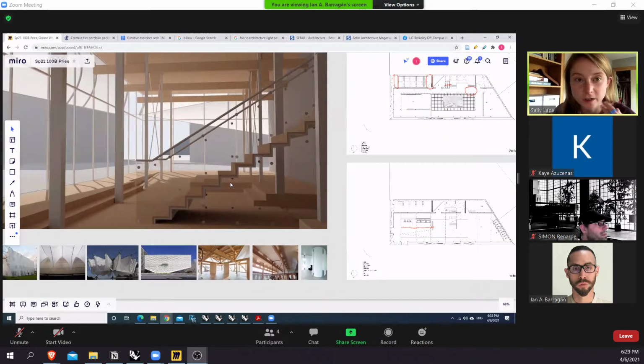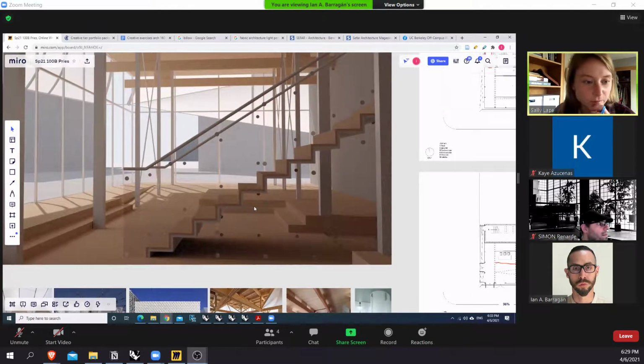But I do think most of the precedents you'll find have one stringer down the center, so that when you see the profile of the stair, it looks like it's supported fully by the steel plates, but then there's the stringer in the center, or it's supported on one side by the wall. So I'm not totally convinced that without additional structural support this would work. Maybe it would.